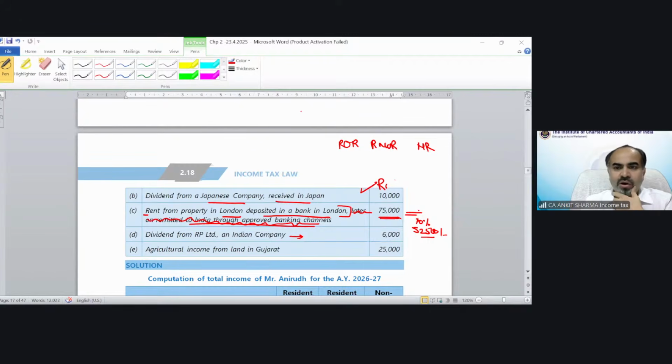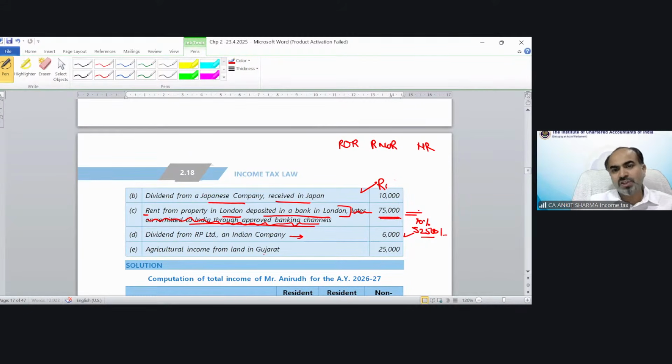Sushmita is saying all. Lohit is saying taxable in ROR and RNOR. No, Lohit, it's going to be taxed in all because it is an Indian company dividend. So it will be treated as deemed to arise in India. And once something is deemed to arise in India, that is going to be taxed in all cases. Correct, Sridhar? Correct, Anjum? Correct, Gaurav? So this is going to be taxed in all the categories.